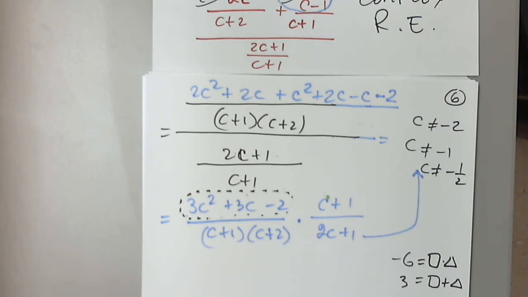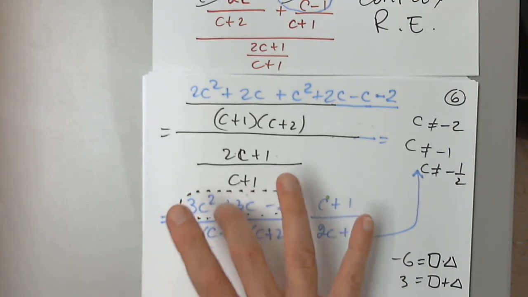Because it could be simplifiable, right? But the 2 numbers have to be one positive and one negative, and 6 is only -2 times 3 or 6 times 1, and none of them will give us a 3. 6 and 1 or 2 and 3 will never give us a 3. So this is not factorable.